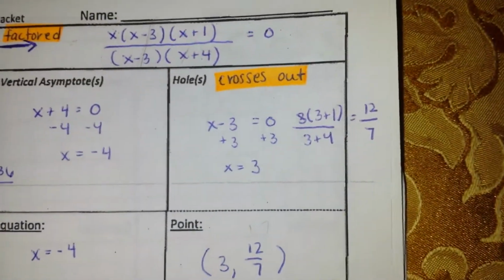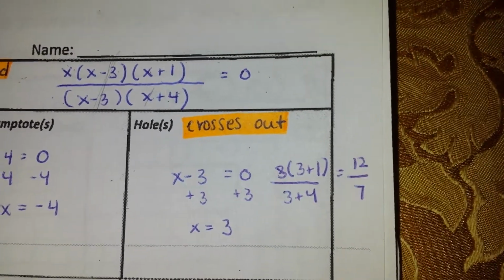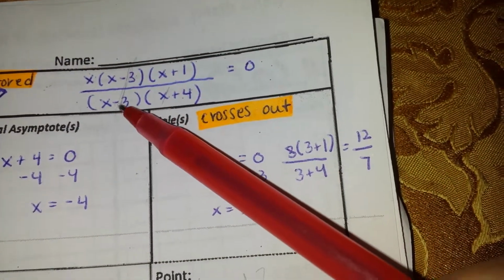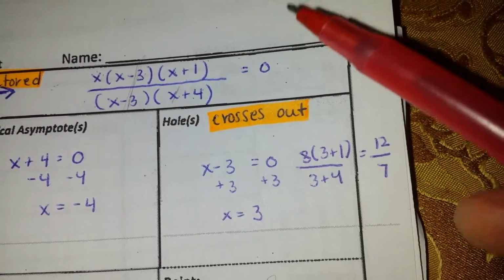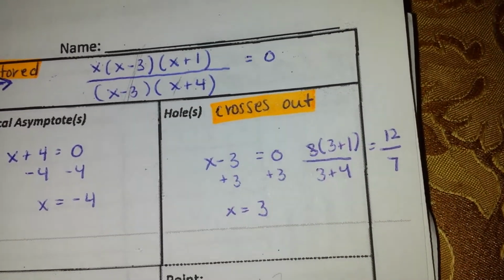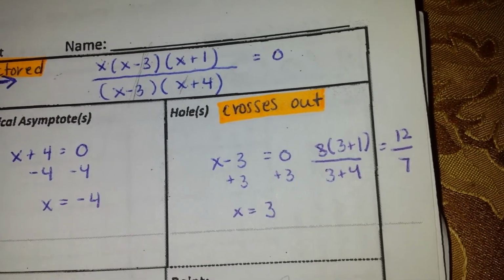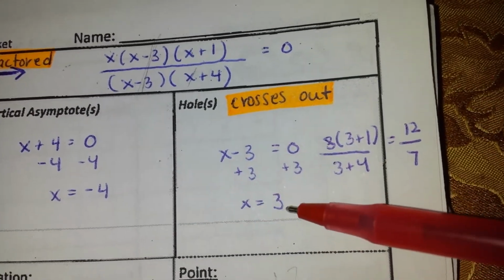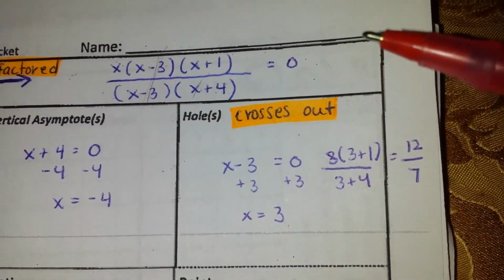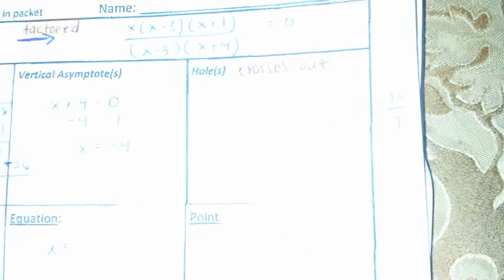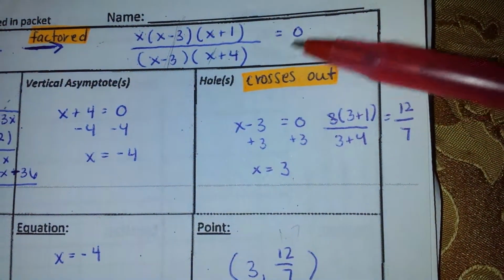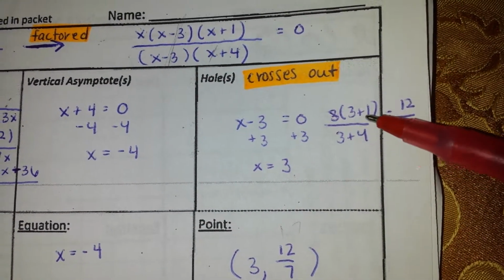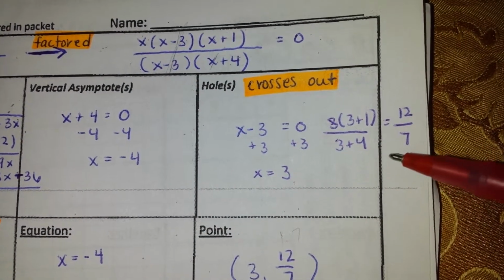Now we're going to move on to see if we have holes. And we do, because these two cancel out. So basically our holes are anything that canceled out. So we have x minus 3, and we set it equal to 0. Add 3 on both sides, x equals 3. Then you plug the 3 into the x's that remain, so you should get 3 plus 1 over 3 plus 4.